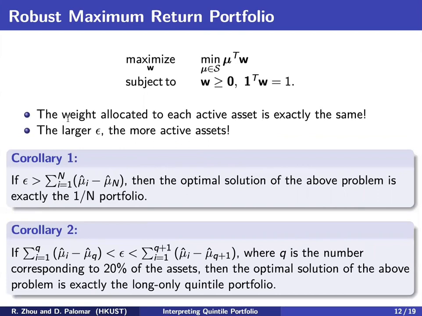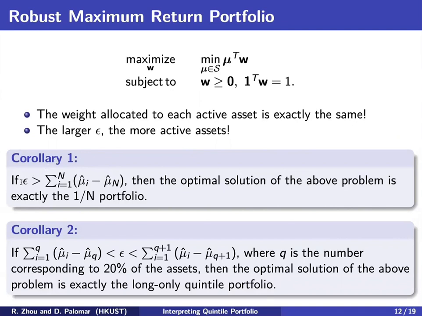The weight allocated to each active asset is exactly the same, and the larger epsilon, the more active assets. From this result, we get the following two corollaries.